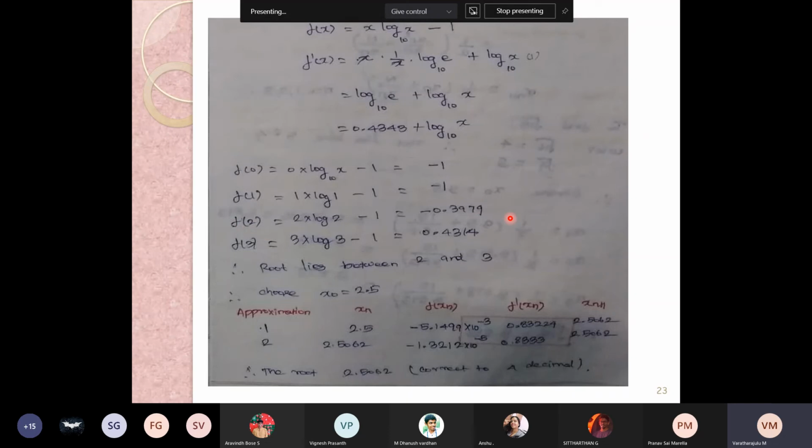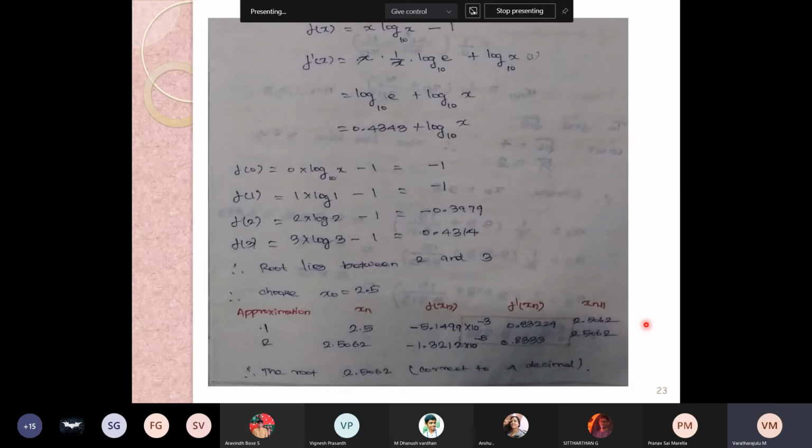You try to solve, and please cross-check whether these results agree with yours. f(2) is -0.3979, and f(3) is 0.4314. So the sign change occurs between 2 and 3, therefore the root lies between 2 and 3. So I am taking my initial approximation as 2.5.